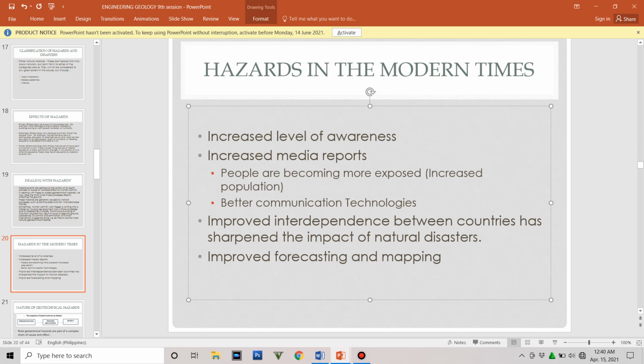So how is this? Kasi nga, interdependence, meaning this is something about the supply chain. Kung yung isang country producers ng isang raw material for a lot of countries, may interdependence.